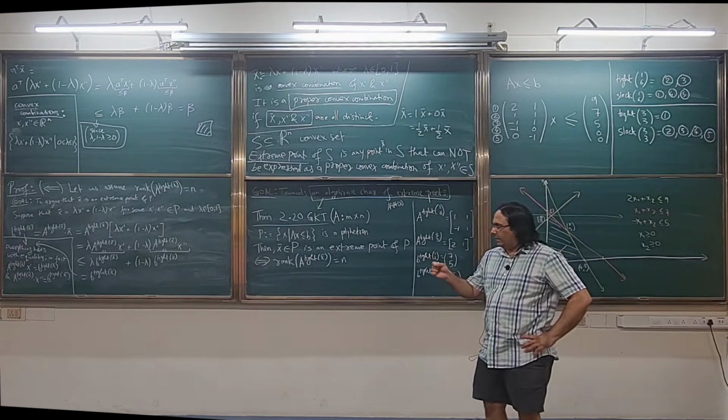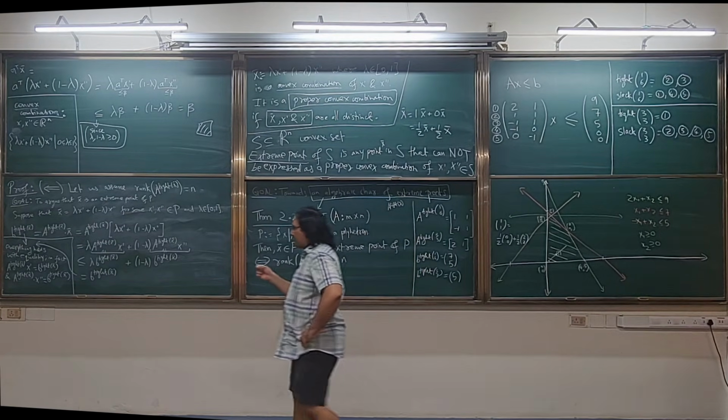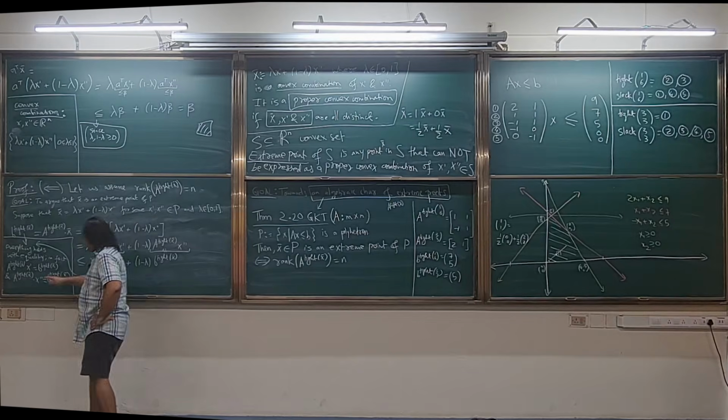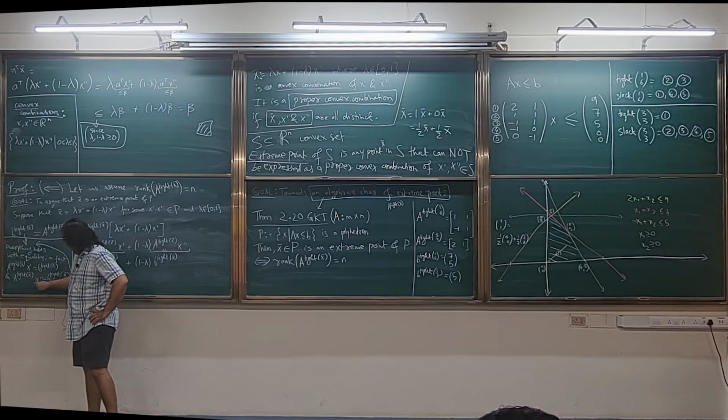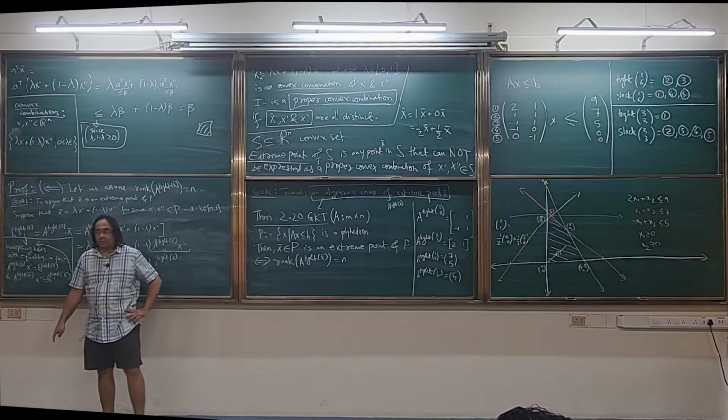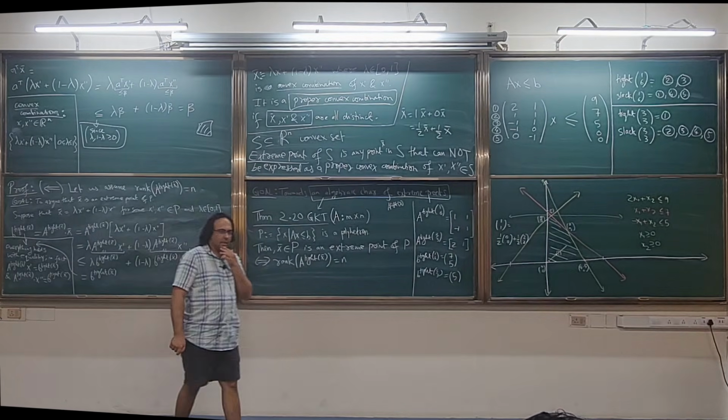So if we evaluate the tight constraints matrix at x bar for x prime or x double prime, you will still get that it is tight. What does this mean?